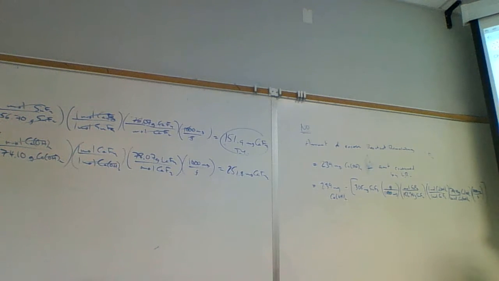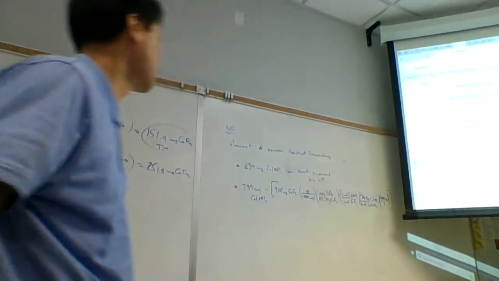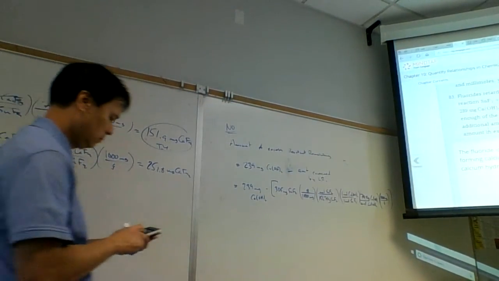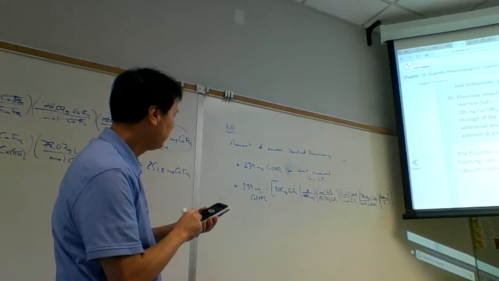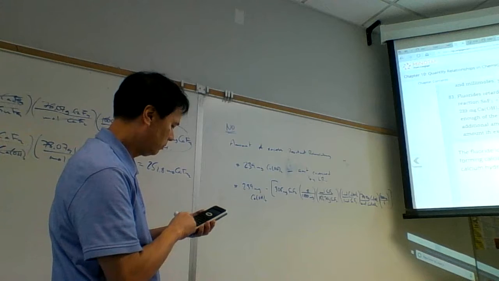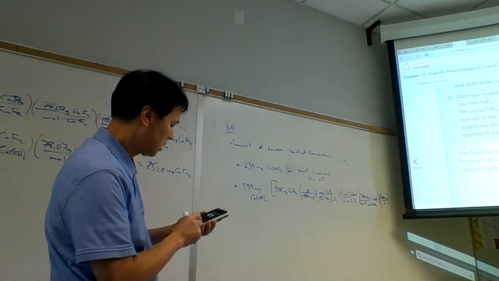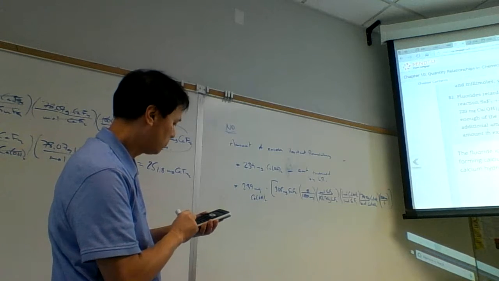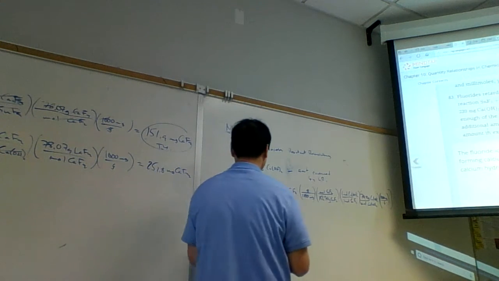So it'll give me the number of milligrams of calcium hydroxide consumed by the limiting reagent. And so it's 305 divided by 156.7 times 74.1. 144.22.